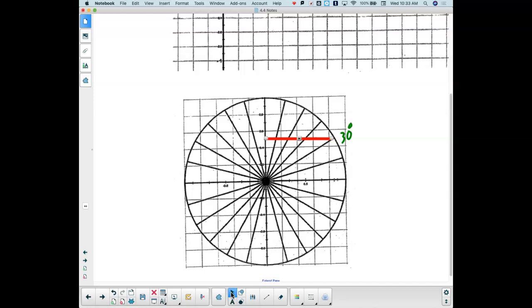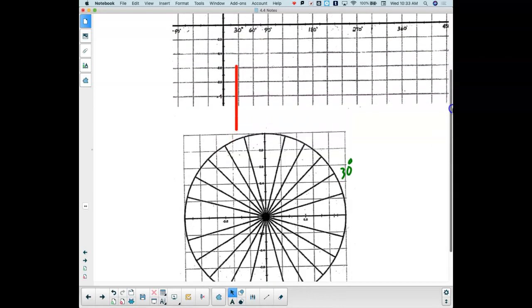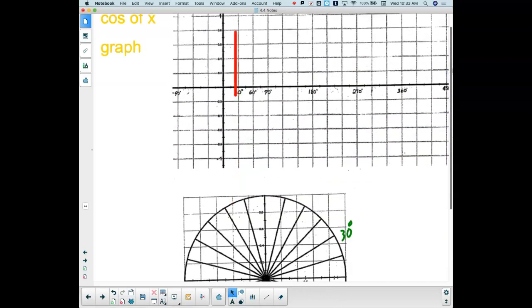So when I come up here, now I've got to transfer that to verticalness. And then I go from there. Okay? Which is a lot easier for you to do than it is for me to do. Okay? Go.